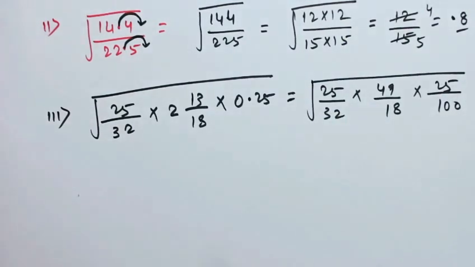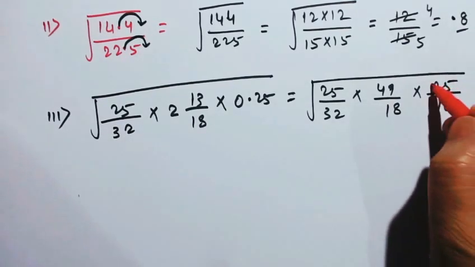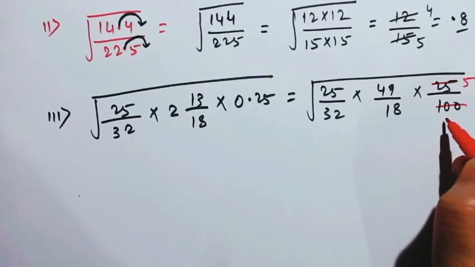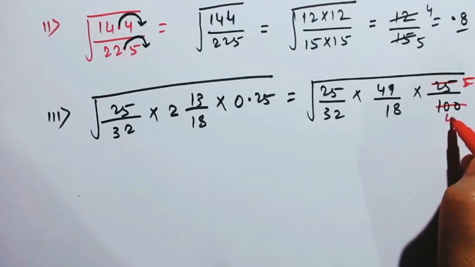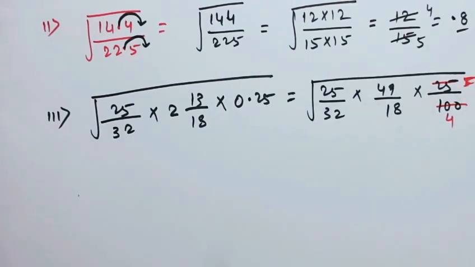Oh my god. Should you cancel these numbers? Why not? Let's cancel. I'll use a red pen. 5 times 5 is 25, 4 times 25 is 100.